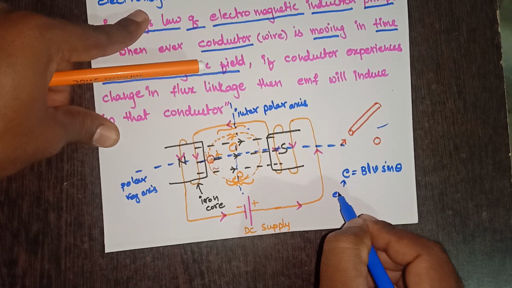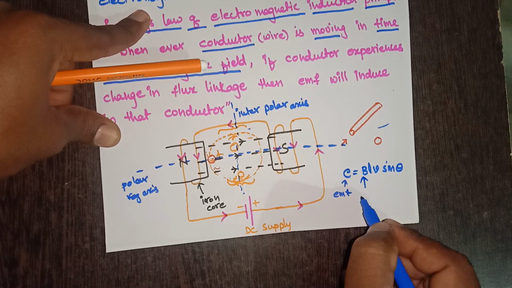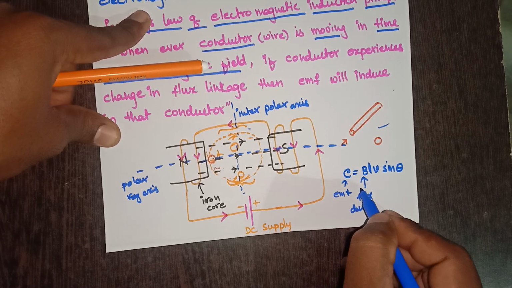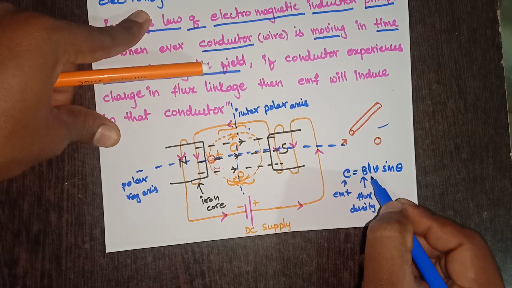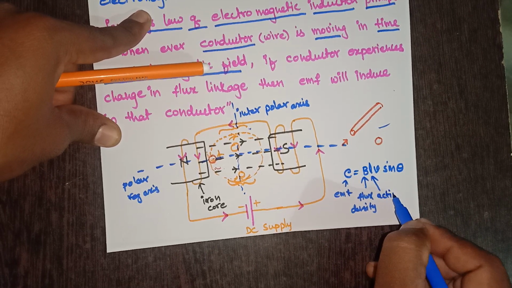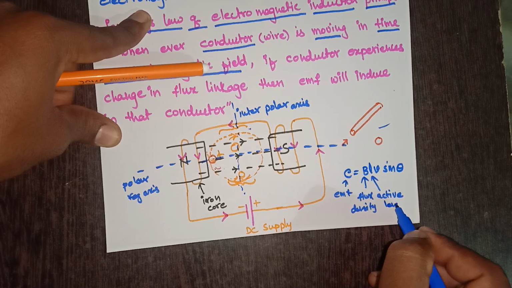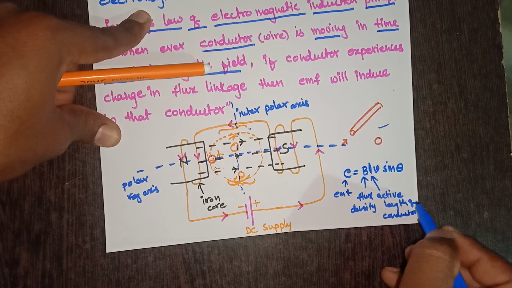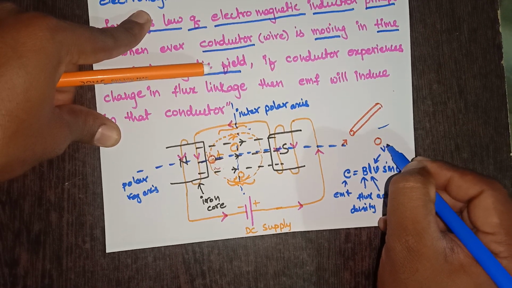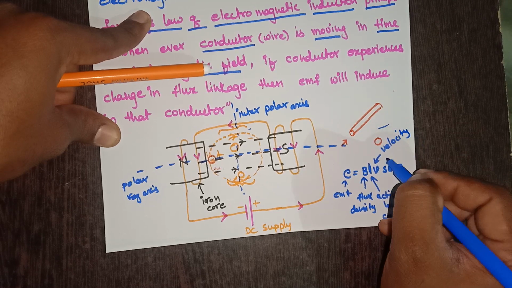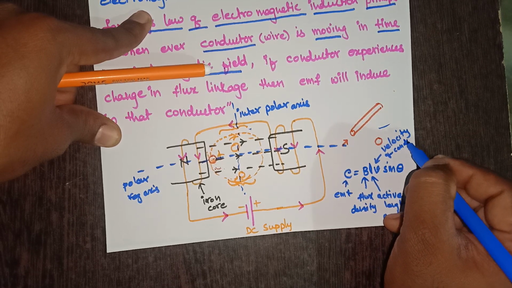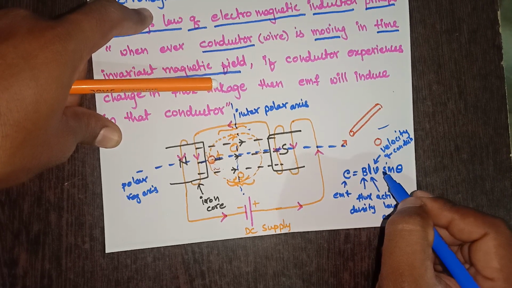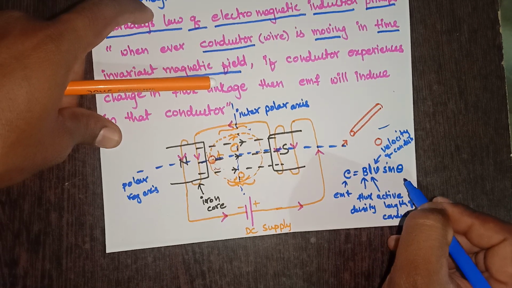This is EMF, this is flux density, maximum flux density, this is the active length of the conductor, this V is the velocity of the conductor, and theta is the angle between conductor movement and flux direction, right?